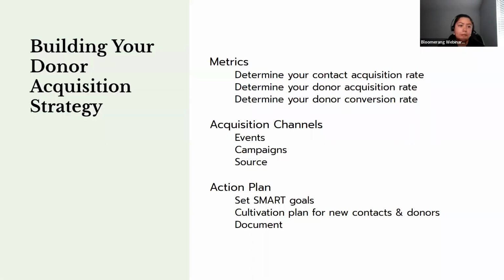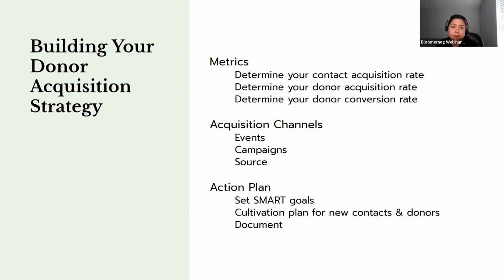Thank you. Okay, so when building your donor acquisition strategy, there are many factors to consider, but I like to break them down into three things. First, your metrics. If you don't already have them, which a lot of you don't, it's good to take a look at what your contact acquisition rate is to begin with.